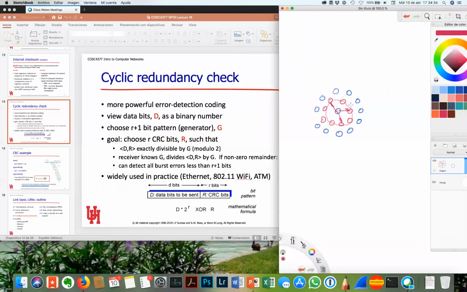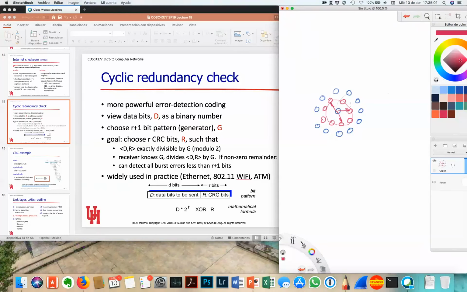You divide it by 10, and you're going to get a remainder, and you send the remainder along. And because I also know you're using 10 as a generator, I'm going to divide this long, thousands of bit long integer by 10, and I'm going to see if I get the same remainder. Well, there are millions of combinations of errors that will have the same remainder that your good one did. And so it's impossible to detect whether it's good because the generator is not large enough.